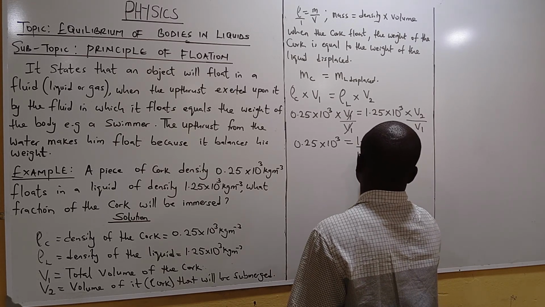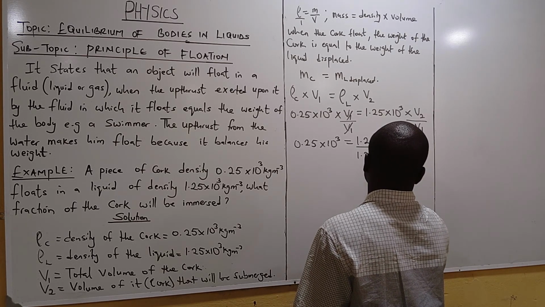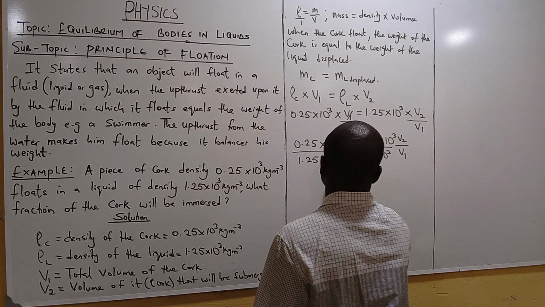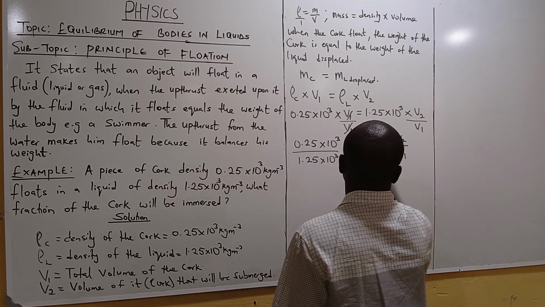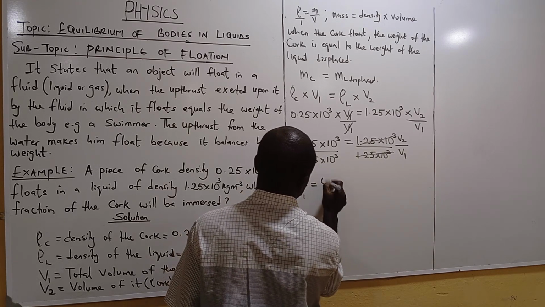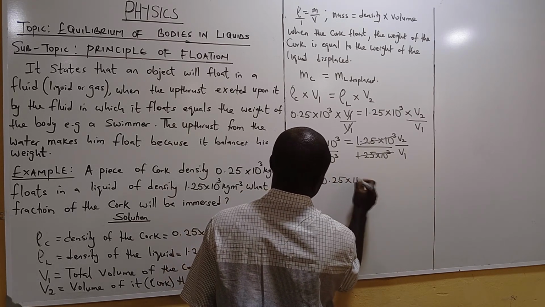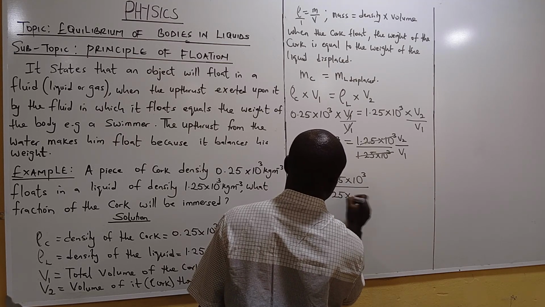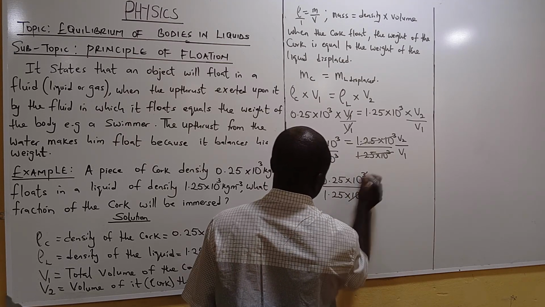Divide both sides by 1.25 times 10 to the power 3. Cancel each other. We have V2 over V1 equals 0.25 times 10 to the power 3 over 1.25 times 10 to the power 3. This cancels this.